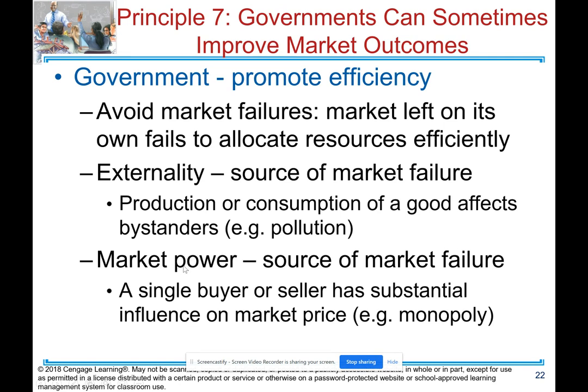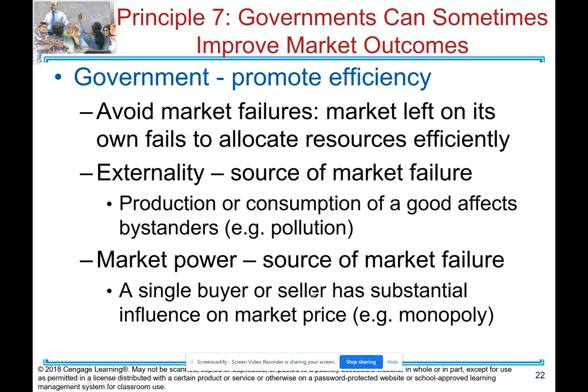Another source of market failure, beg your pardon, is market power. Markets function when there is competition, buyers and sellers competing with one another. If there is market power, the markets fail. Market power is when a single buyer or a single seller has substantial influence on market price, and we call that monopoly.